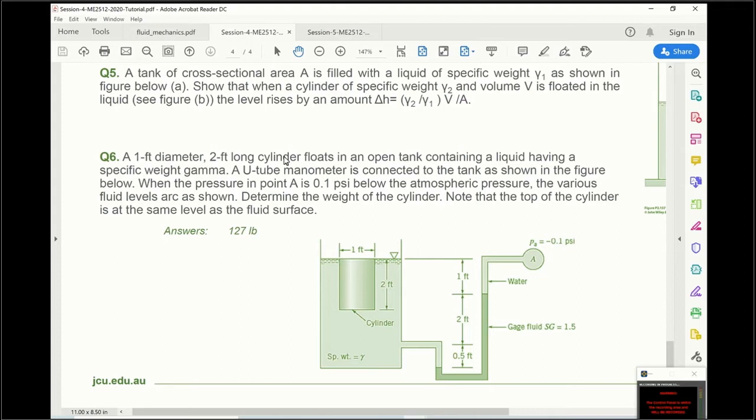So we have a cylinder floating, and from this figure we can see that the level of the water and the cylinder are at the same level, so the weight and buoyancy are supposed to be exactly the same value. This is the first information we found from this figure. Then the gamma for that liquid is not given, and we don't know what gamma is.